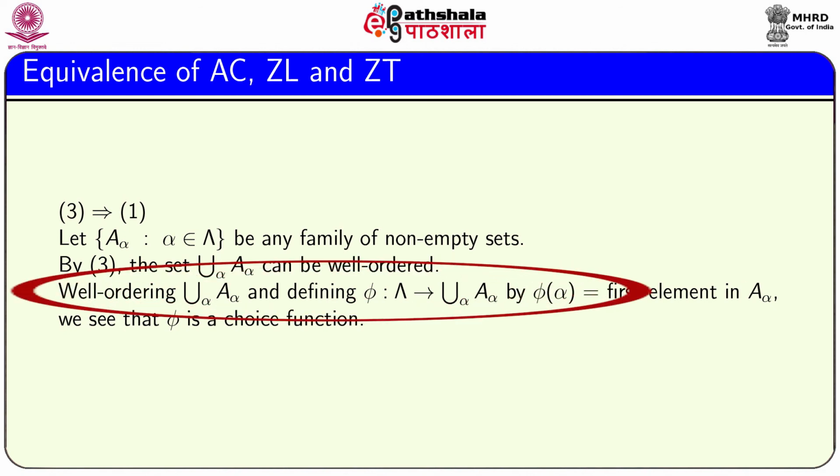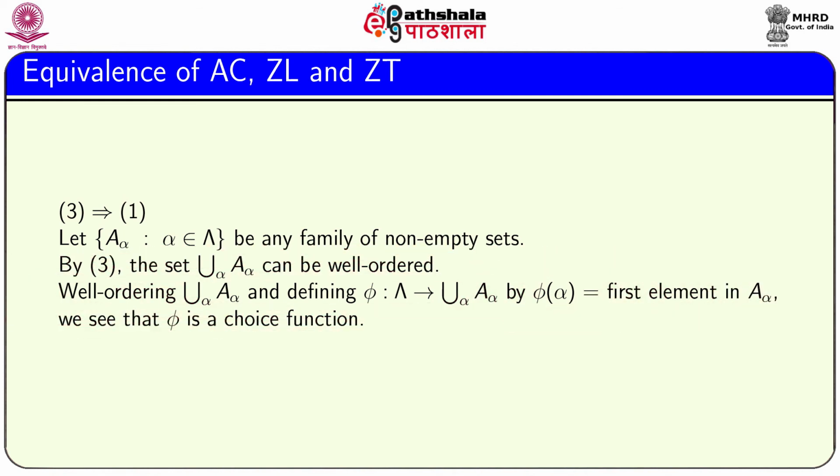Well ordering union A alpha and defining a function phi from lambda to union A alpha by phi of alpha is equal to the first element in A alpha, we see that phi is a choice function, proving the axiom of choice. This completes our journey of proving the equivalence of various principles of set theory with the axiom of choice.